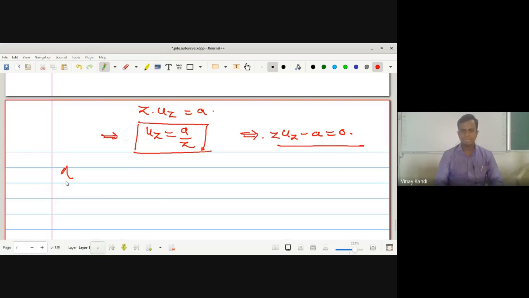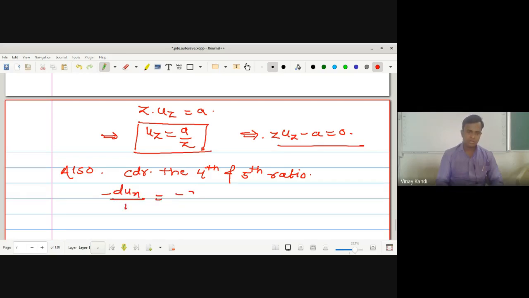Okay. Now also consider the fourth and fifth ratio. We have minus dux upon 1 is equal to minus duy upon 1, which implies dux is equal to duy.